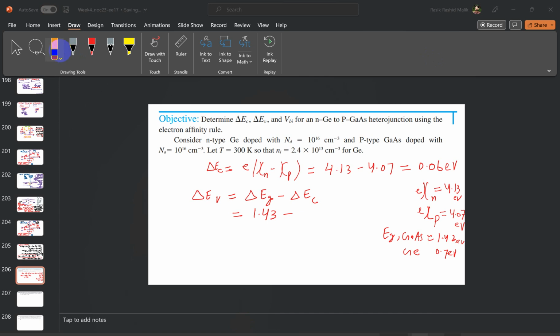Sorry about this value over here, 1.43. So it is equivalent to 1.42 minus 0.7. So that will be 0.72, and then you have minus 0.06. So this you can calculate as 0.66 electron volt. So this is about delta EV.